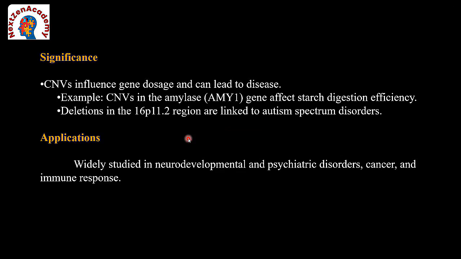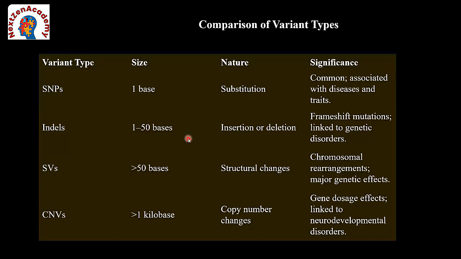So the length is larger than 1 kb but smaller than chromosomal abnormalities. If it is a chromosomal abnormality, it will be a little higher. If you look at the chromosome positions, the control parent has A, B, C, D, but deletion means B is getting deleted.